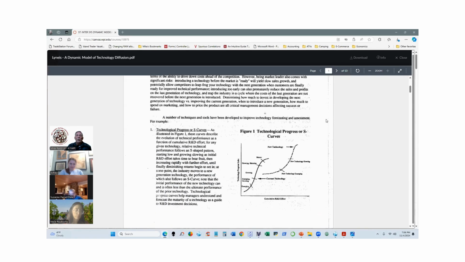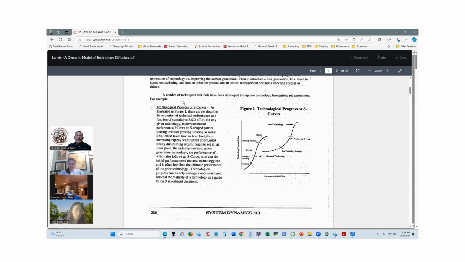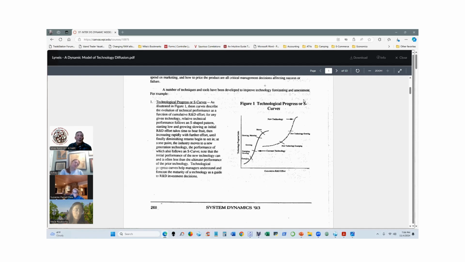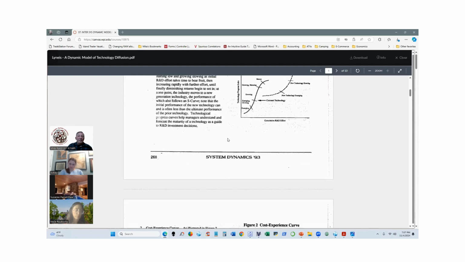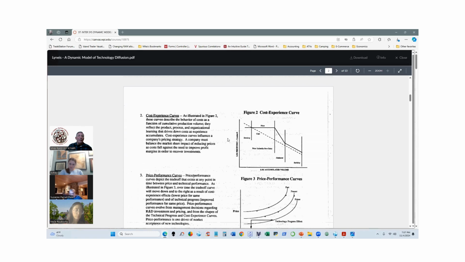He goes through a number of tools and techniques that have been developed to improve technology forecasting and assessment. For example, technological process or S-curves, and that's what's going on over here. So right away, you see an S-curve, you see positive loop, negative loop, inflection point. So there has to be some kind of nonlinear relationship, right? You can read the paper yourself.